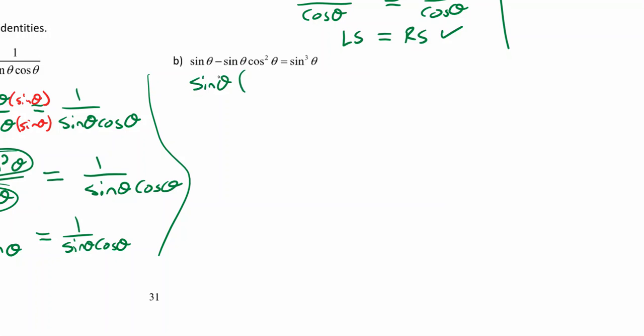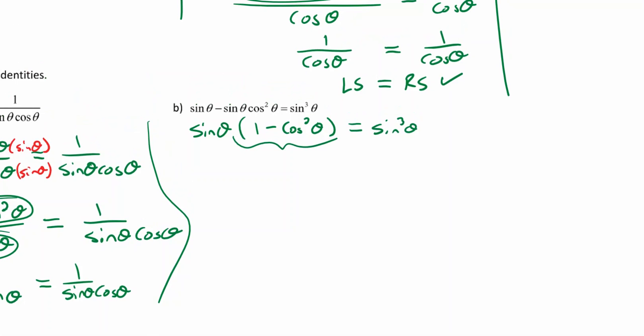And what we're left with then is 1, that's what I was talking about, minus cos squared theta. And that's supposed to be equal to sine theta to the power of 3. Now, it might not be so obvious, and you have to practice these a lot to start to see when they pop up, but this one looks promising. I've seen things like that.